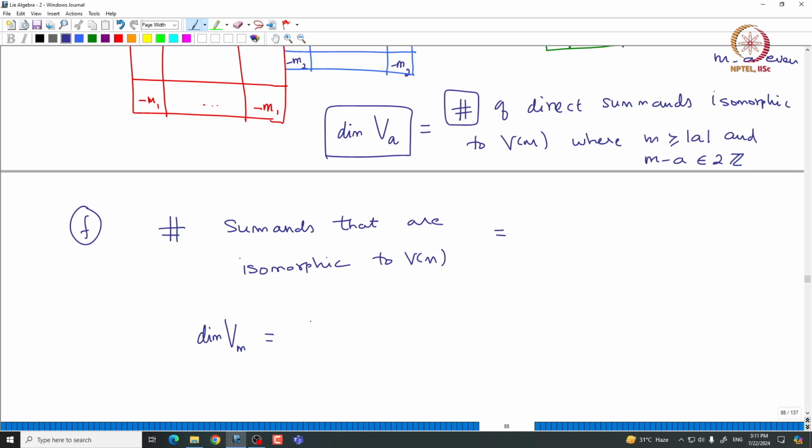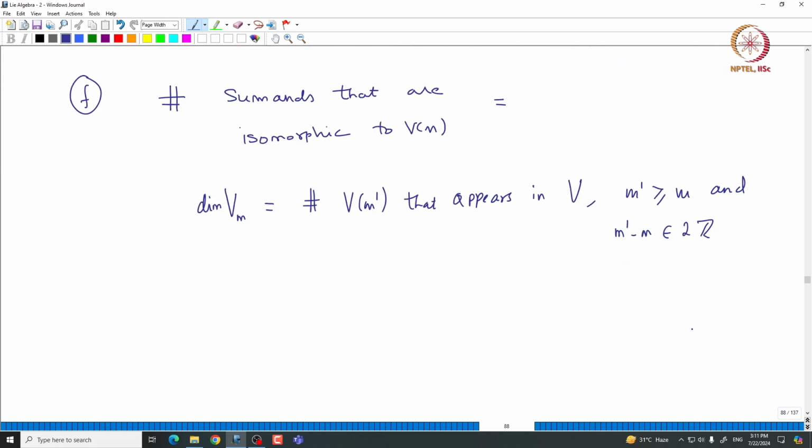Okay. So, let us say the number of V of m dash that appears in capital V, where this m dash is greater than or equal to m and m dash minus m is even.